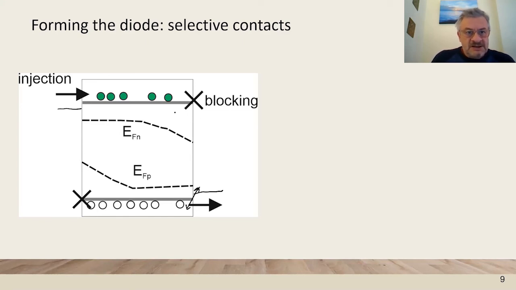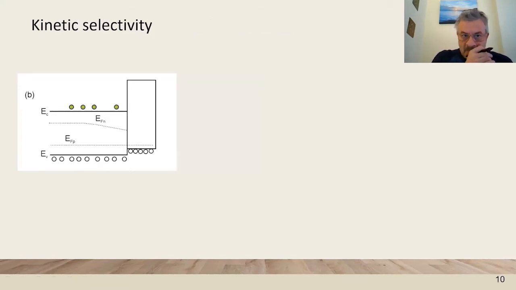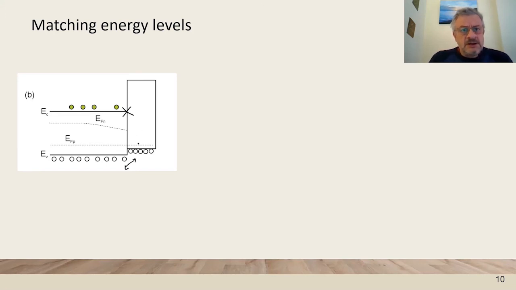Therefore, when we bias the device, electrons and holes are going to be injected at the respective selective contacts. The match of energy level is an essential resource to make a selective contact. In this case, we are having a very good match of the contact to the hole transport level, but the electrons cannot be injected to the contact because this is in the middle of the gap of the contact.